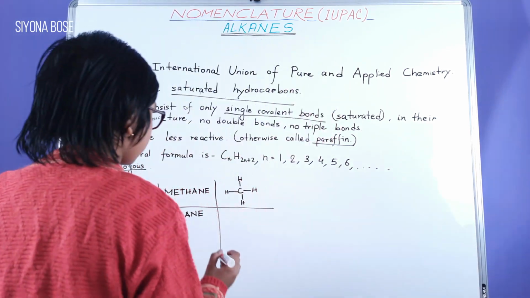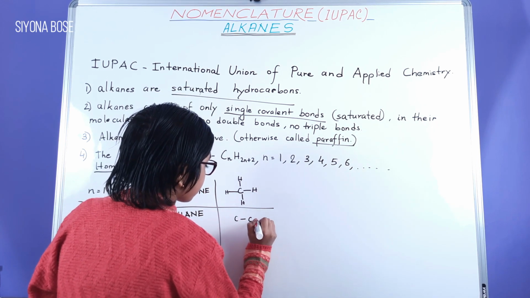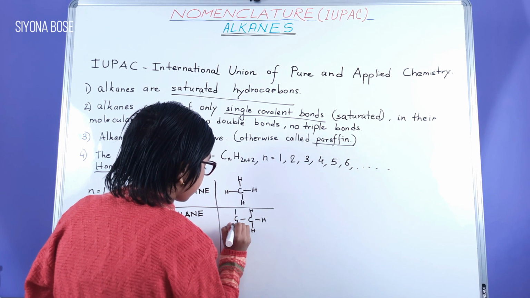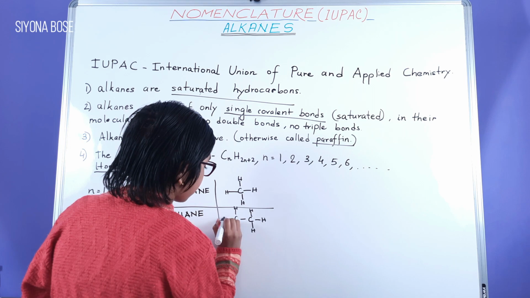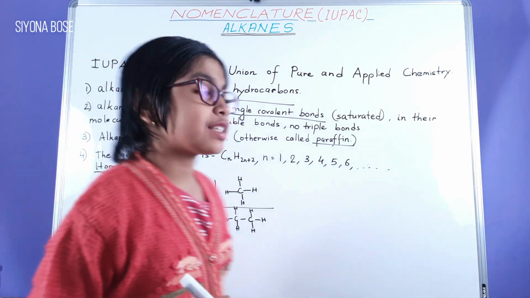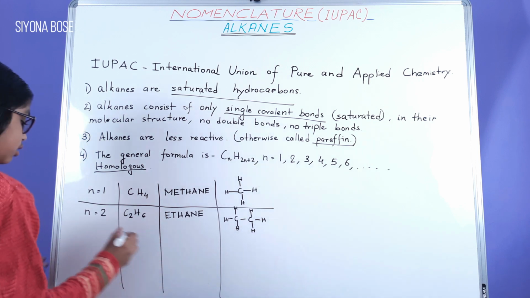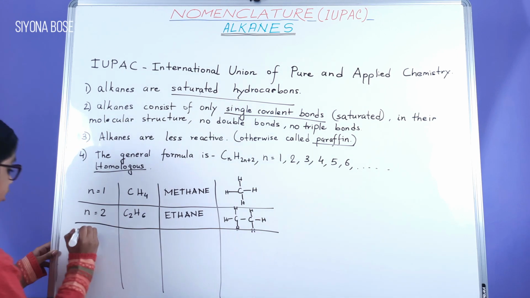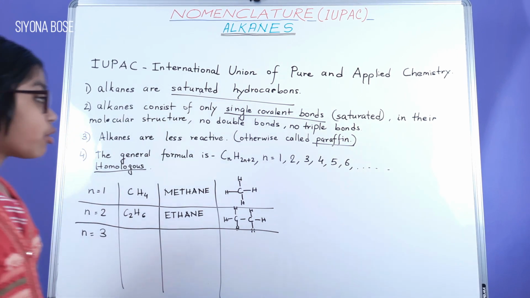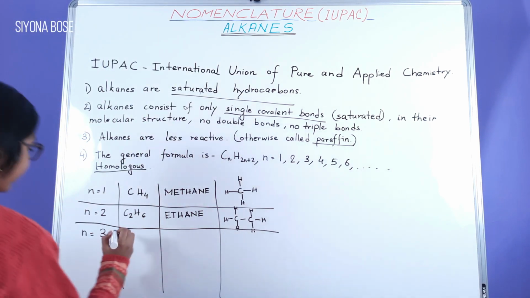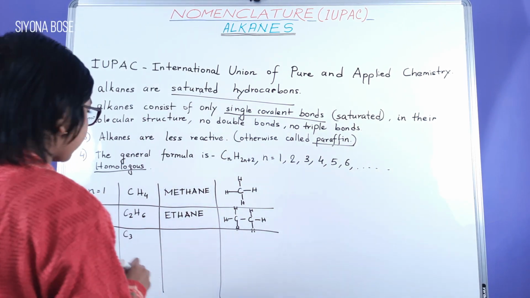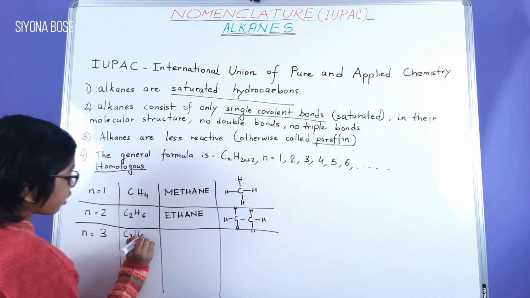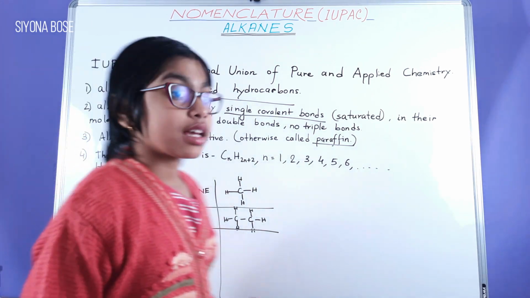The structure is two carbons and 6 hydrogens. When n is equal to 3, then it will be C3, and let's calculate that, H8. That is propane.